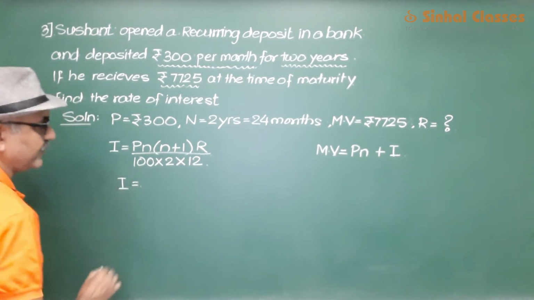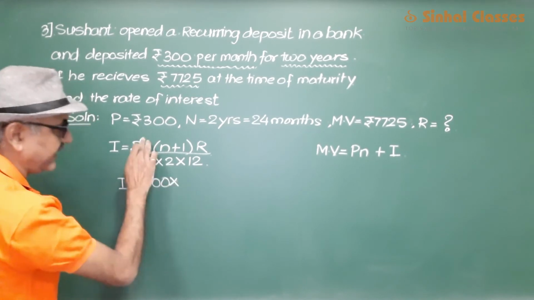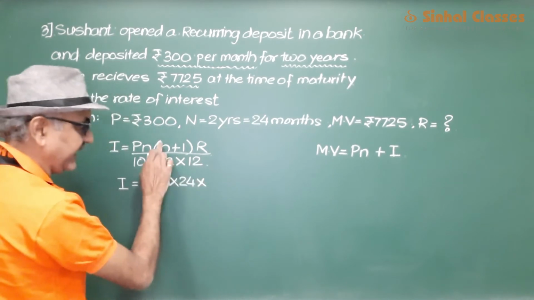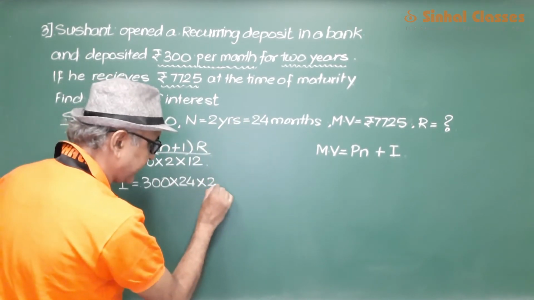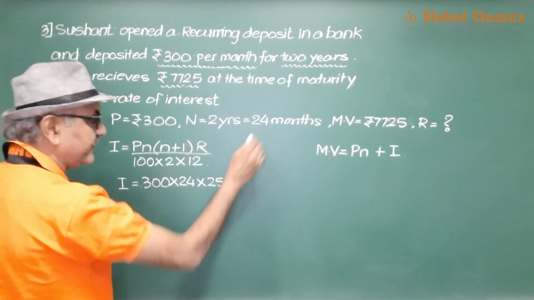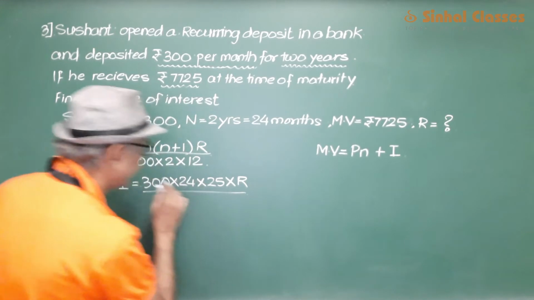I is equal to 300, n, which is 24, n plus 1, which is again 24 plus 1, 25, R, which is not known, 100.